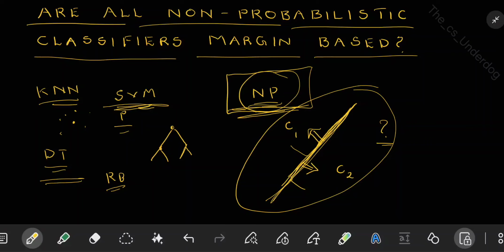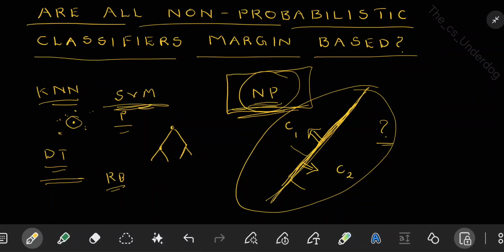So this again is an example where you don't use any margin. Instead, using the nearest neighboring points, you say these are the neighbors and they belong to this class. According to that, my new input point should also belong to that class. That is how the KNN classifier works.